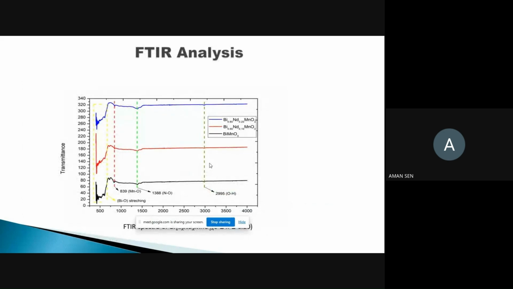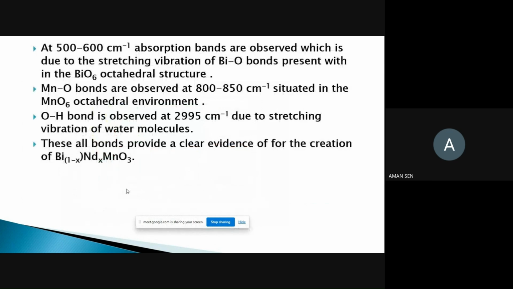This is the FTIR analysis of our sample. From this FTIR analysis, we observed the Bi-O bond at 500 to 600 cm-1, which is due to the stretching vibration of Bi-O bonds present in the BiO6 octahedral sites.